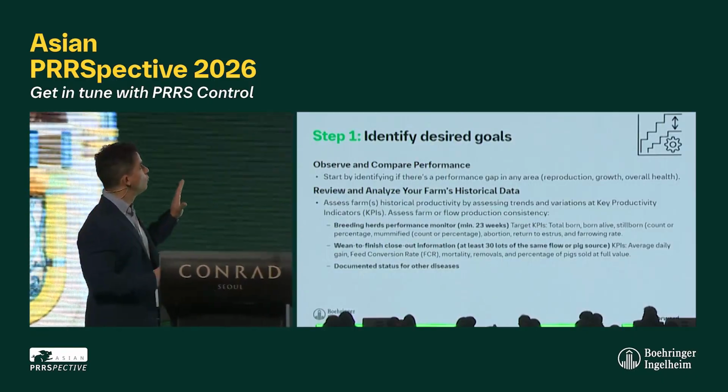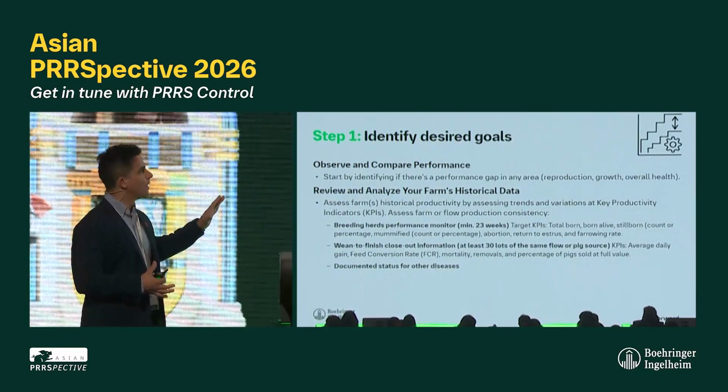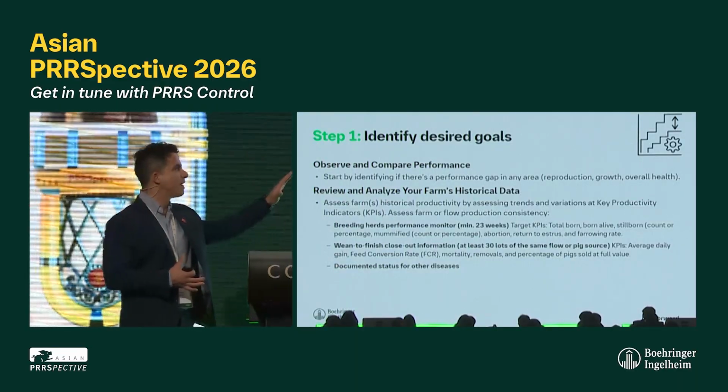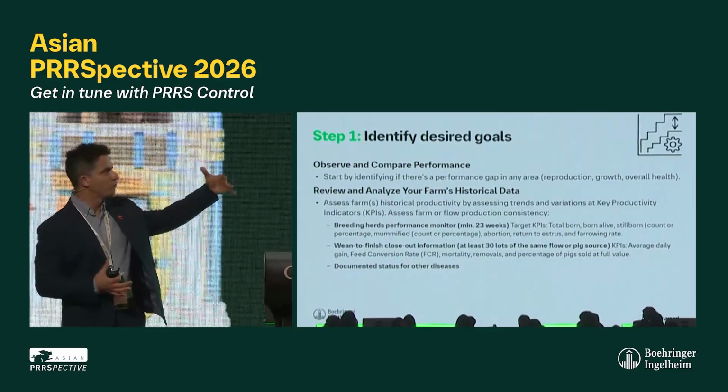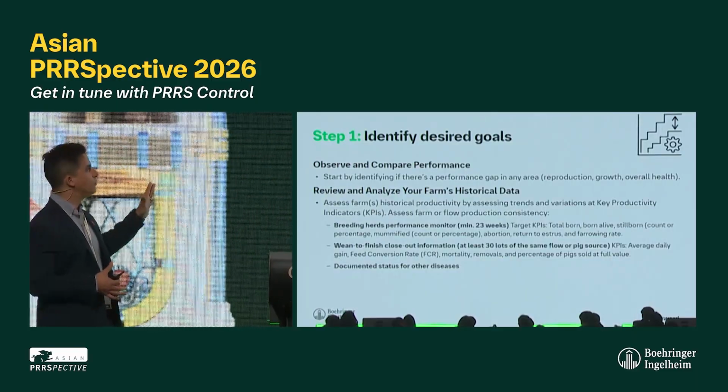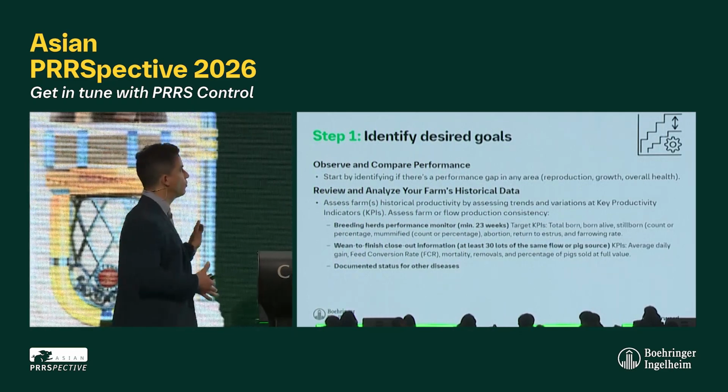So what you want to do is to try to understand specific questions that you might have regarding reproduction, growth, or overall health. And the way you're going to do that is to review and analyze your farm historical data.